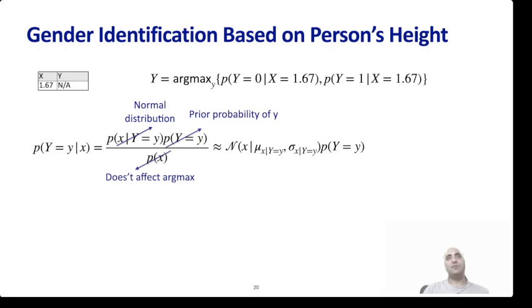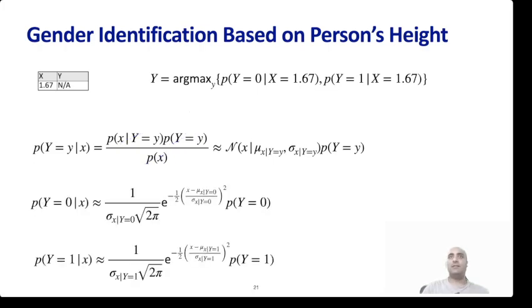This one is the normal distribution, so we can write it like this. But since it is conditional on the value of Y, we have a condition on the mu X given Y and sigma X given Y. And Py is also the prior probability that we simply write it there. So it's easy now.